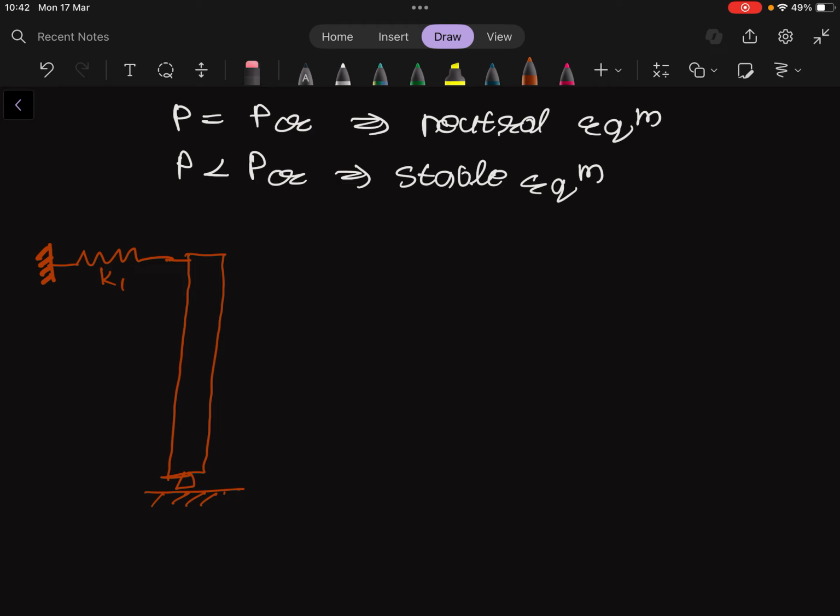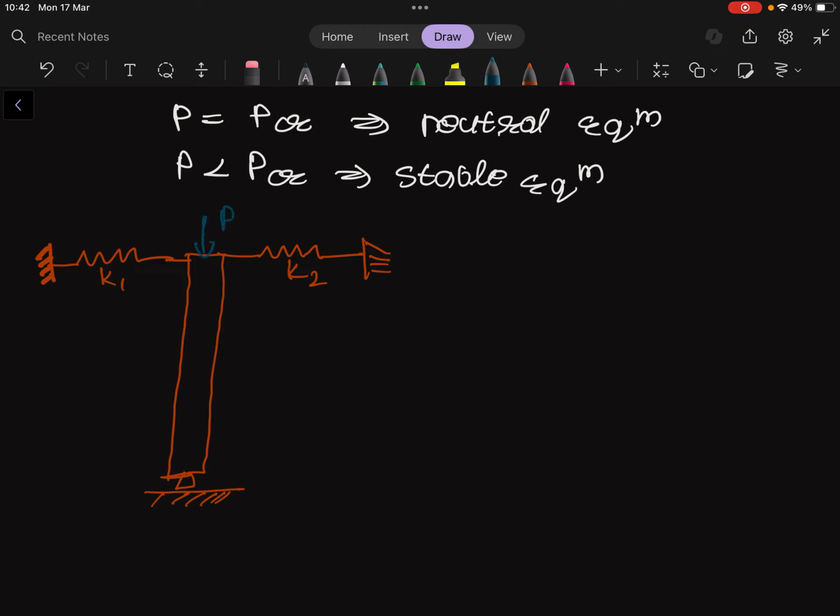And we have another spring, K2, having spring constant K2 here. And it is subjected to some axial loading P here.